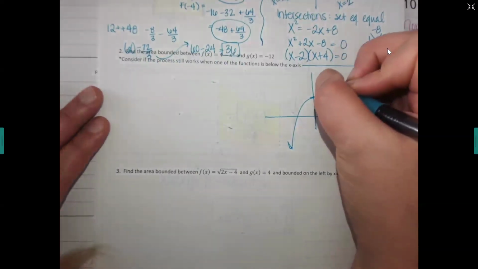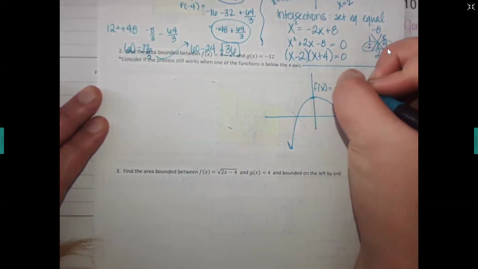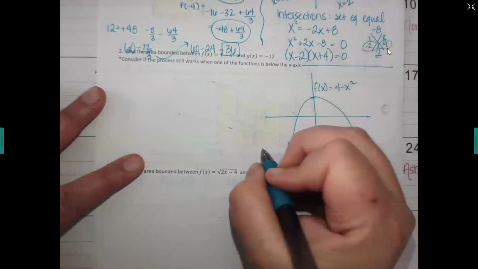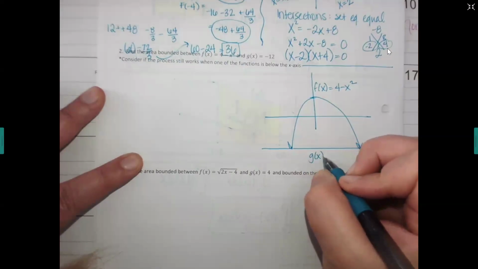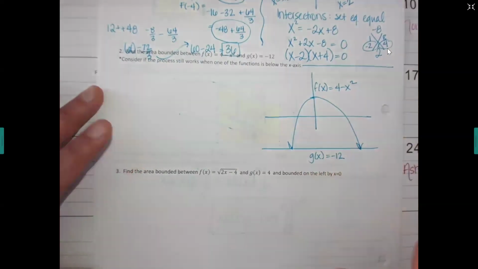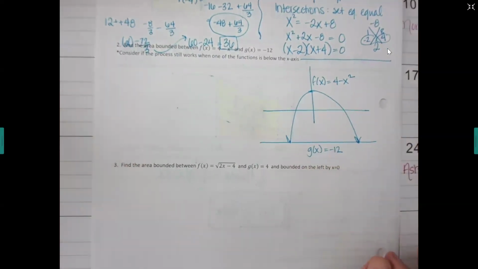G of x equals negative 12 minus x squared. That would be down here. And then because it doesn't have any numbers with it, that's just going to be a flat line across, or a horizontal. Okay, go ahead and shade your region.